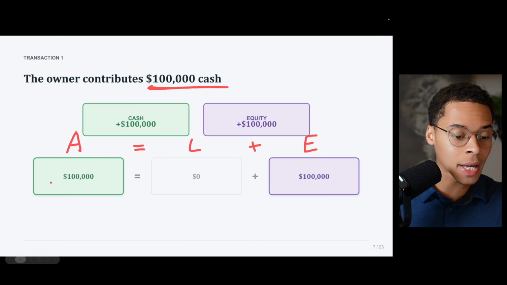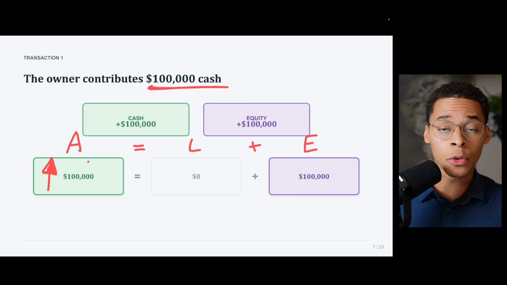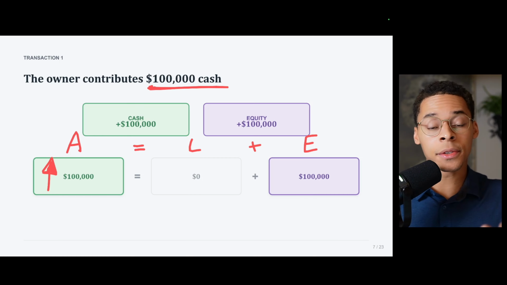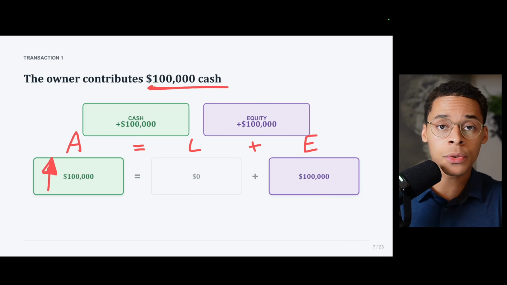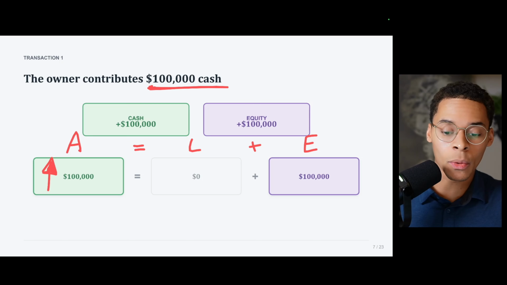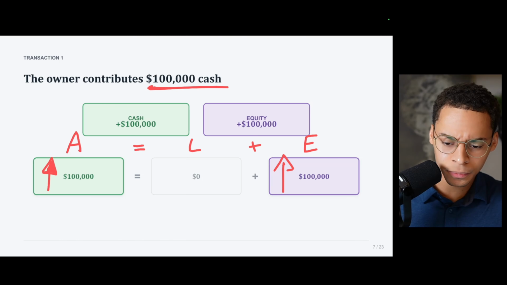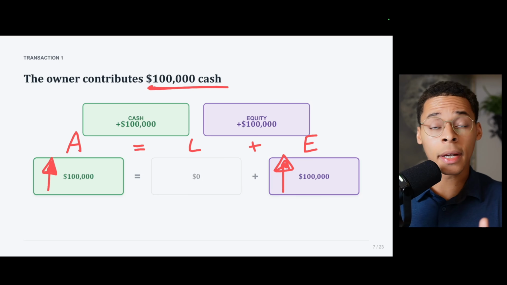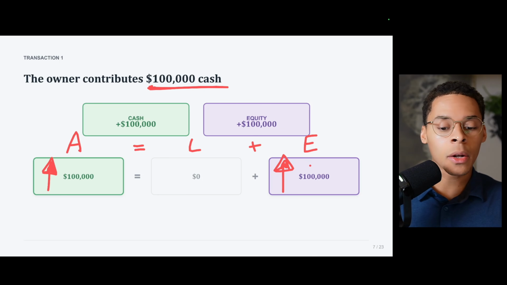So as you might imagine, assets increase by 100K. Liabilities are going to remain unaffected here because this is the owner contributing these resources. Okay, if the owner contributes resources, that's going to be recorded as equity, an increase in equity. And so notice that the accounting equation remains in balance, and also notice that this transaction updated the equation.